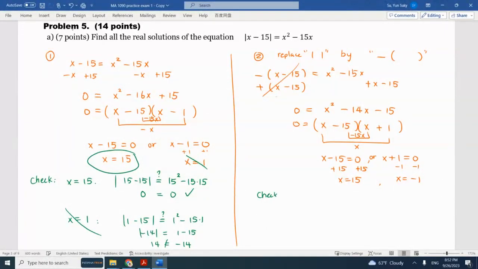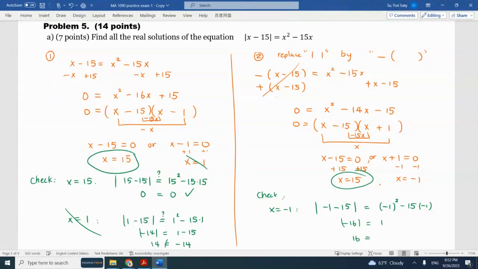And how about on the right? Oh, we already have 15 as a solution, so we don't need to check that. But minus 1 is something new. So we plug in x is minus 1. Minus 1 minus 15, is it equal to minus 1 squared minus 15 times minus 1? Minus 1 minus 15 is minus 16, but the absolute value of minus 16 is 16.